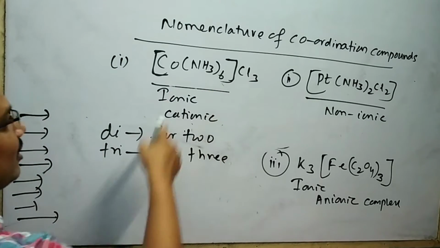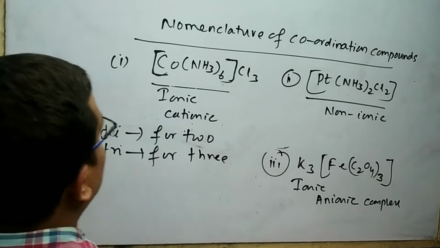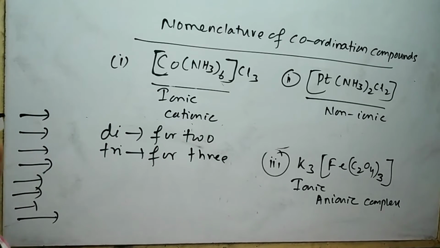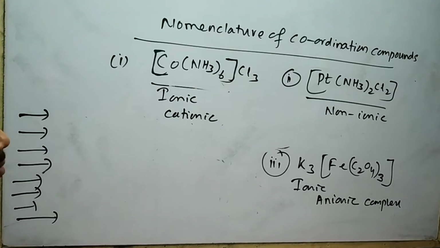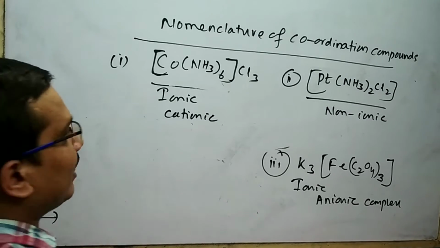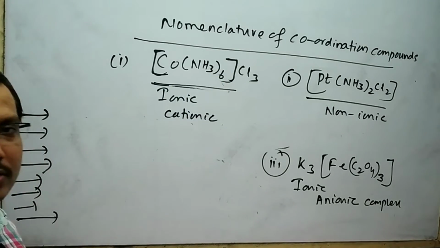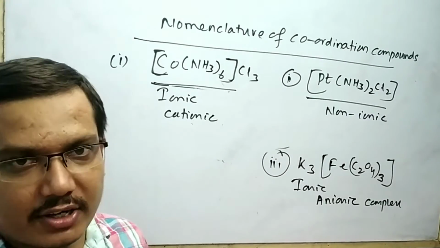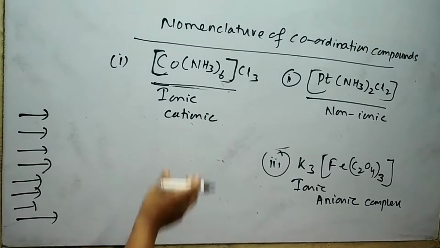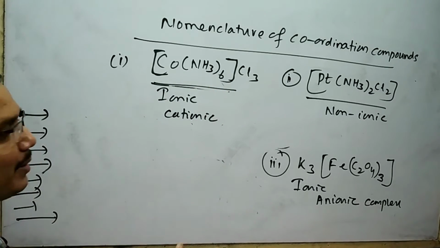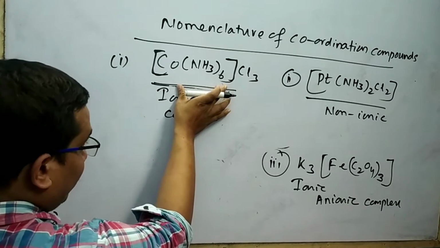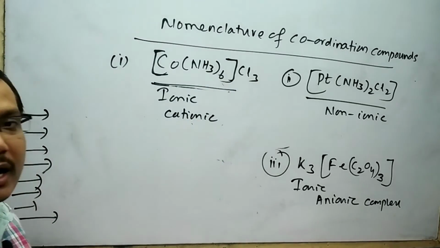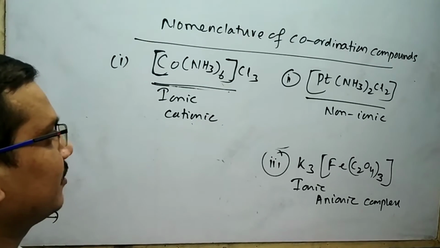Look at that, here 6 ligands are present, so it is bound to write hexaamine. Remember an important point, the name of this coordination compound, or any coordination compound, is always written in small letters. The next rule is there must be some gap between the name of the coordination entity part and the counter ion part.